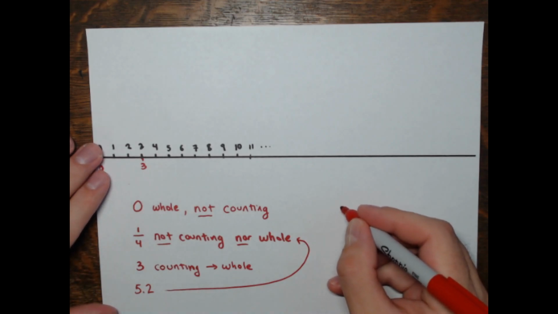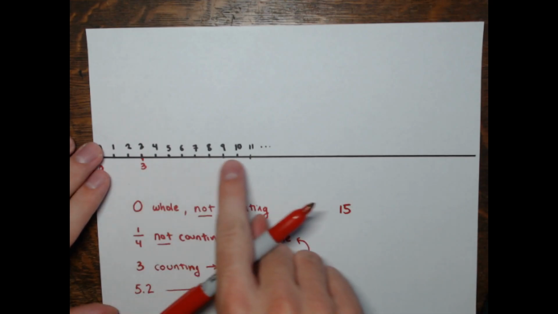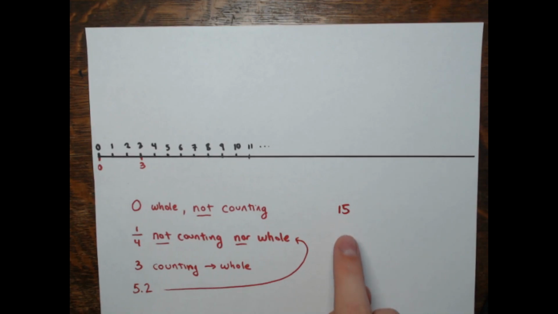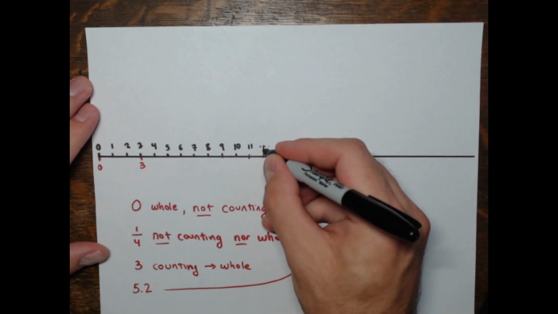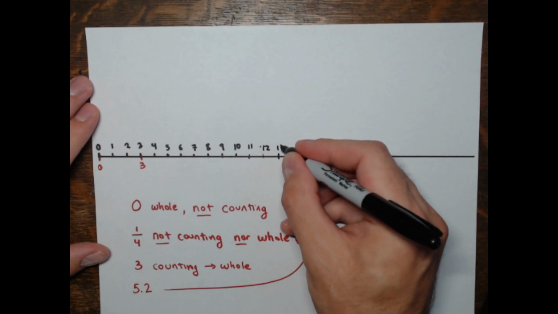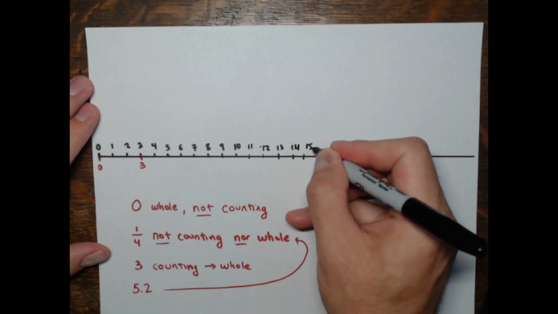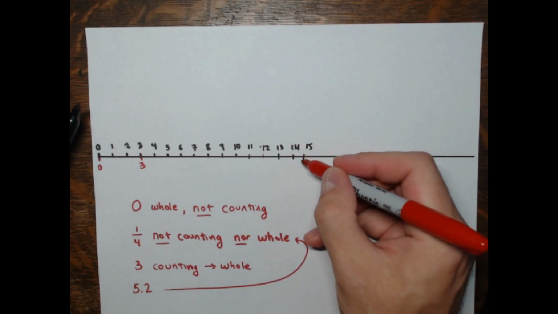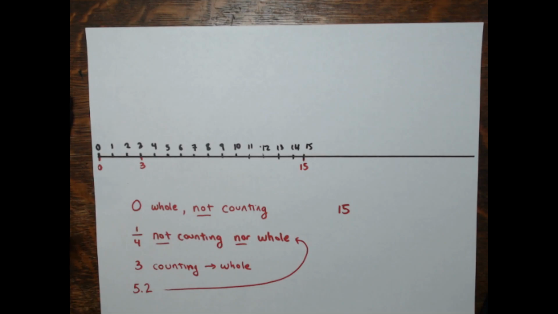All right, then we were given 15. Now, I don't have it here, but if I keep going, 11, 12, 13, 14, 15 is one of these counting numbers, or whole numbers.